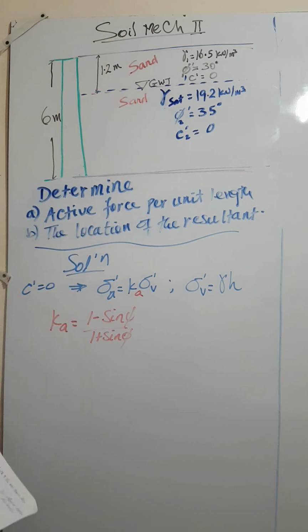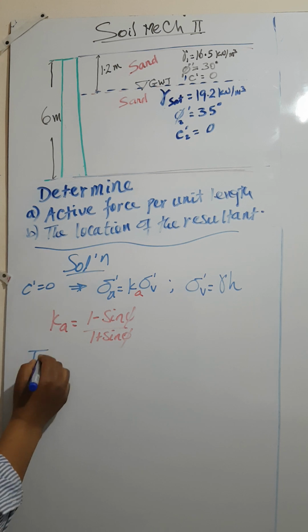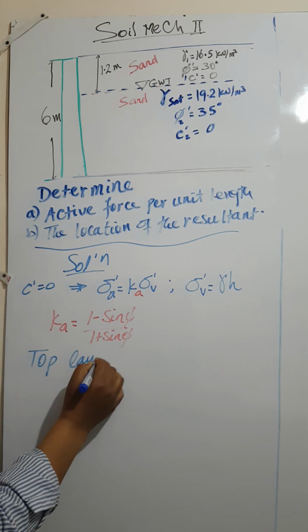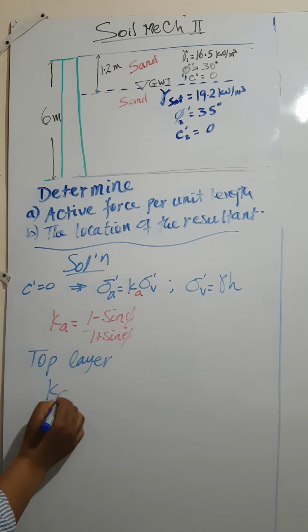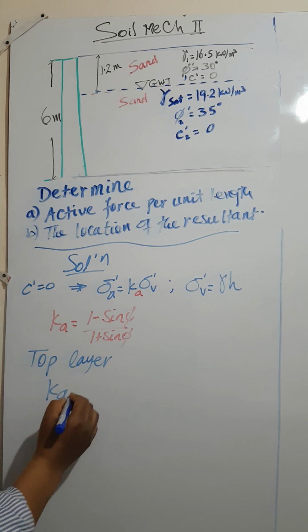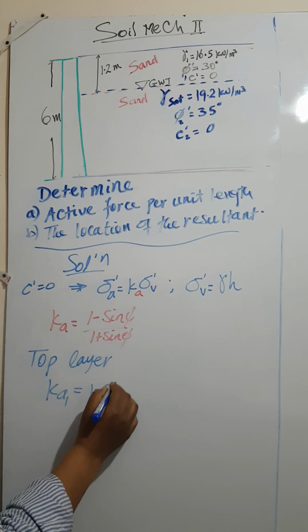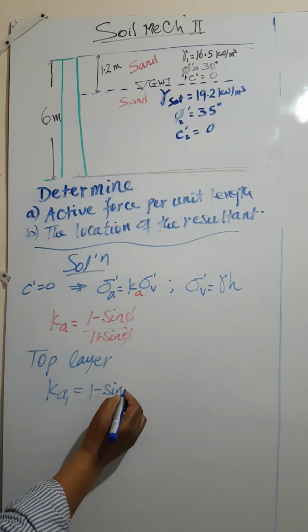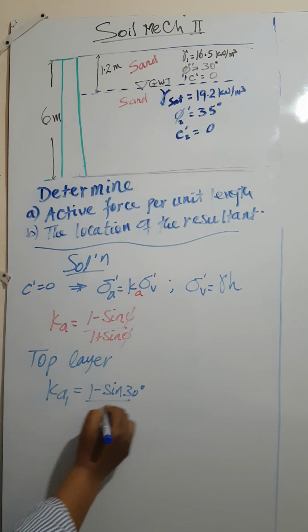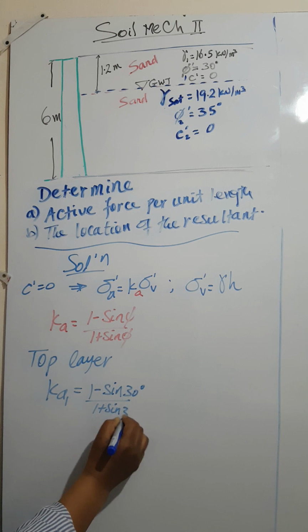For the top layer we can say KA1 is equal to 1 minus sine of the angle of friction, 30 degrees, over 1 plus sine 30 degrees.